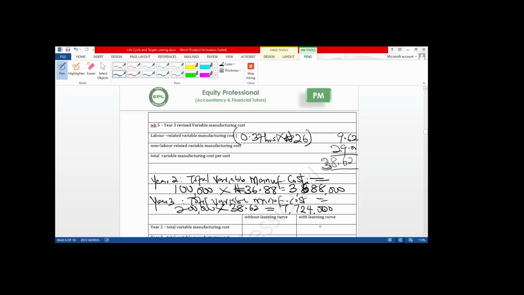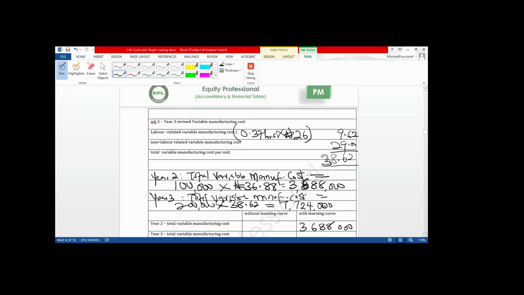We can now compare without learning curve with learning curve. With learning curve, total variable manufacturing cost will be 3,688,000 for year 2. For year 3, with learning curve, it is 7,724,000. Now let's go and check the first working.